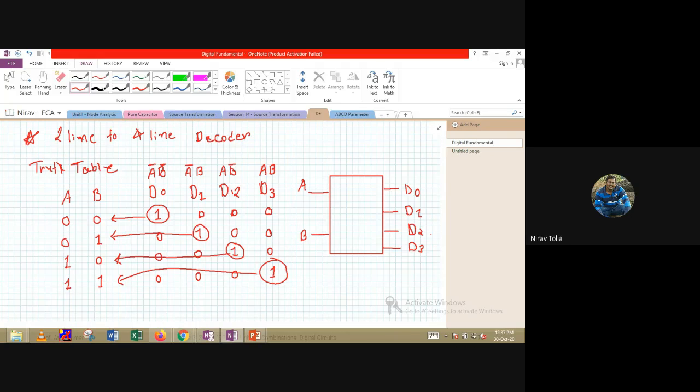So this is the block diagram of the 2-line to 4-line decoder.